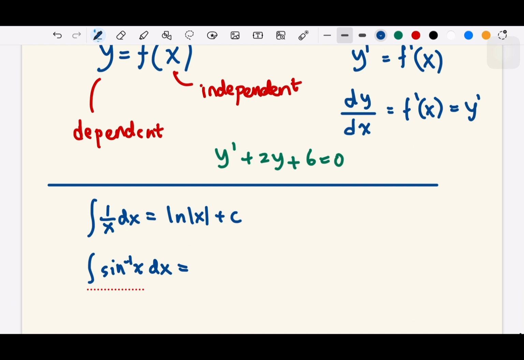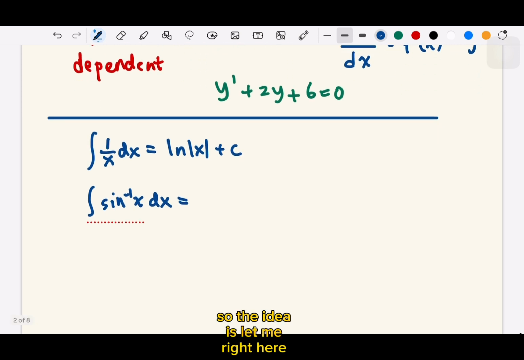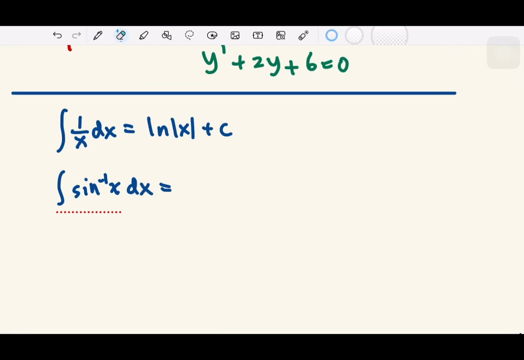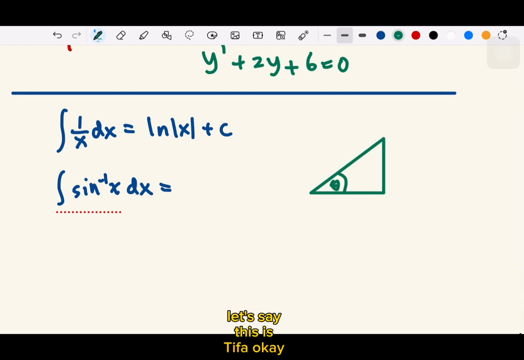So the idea is, let me write here. You can get the idea from this triangle. Let's say this is theta. If we take the inverse of some trigonometric expression, it means this is the angle, right?